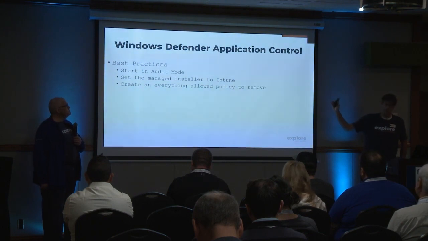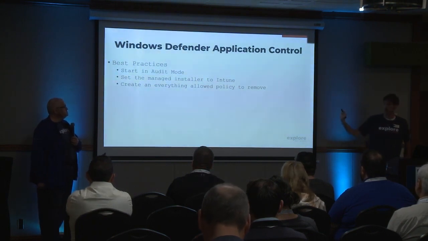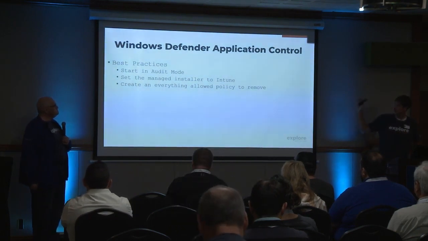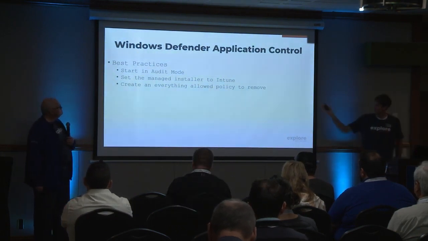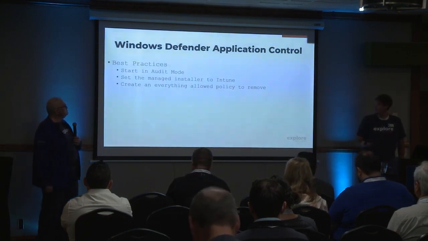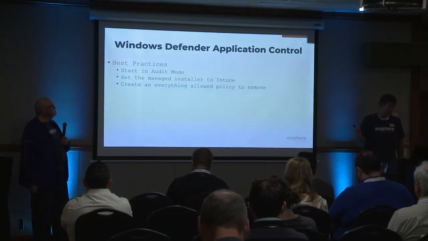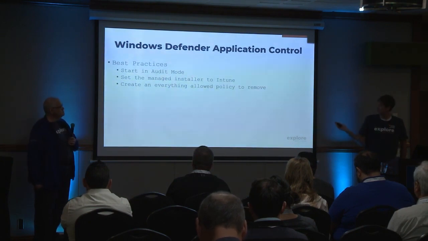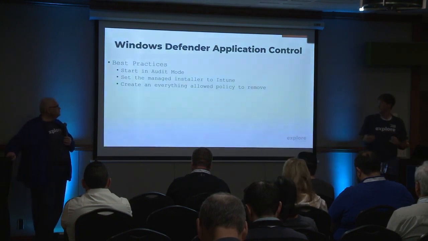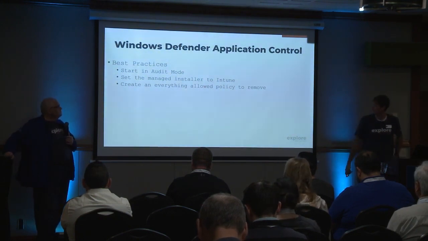Make sure you set the managed installer to Intune, or you won't be able to push any software from Intune itself. And just not assigning the profile does not remove any of the configuration. So if you want to undo your Windows Defender Application Control policy, you have to create an everything-allowed policy and assign that to the same devices.